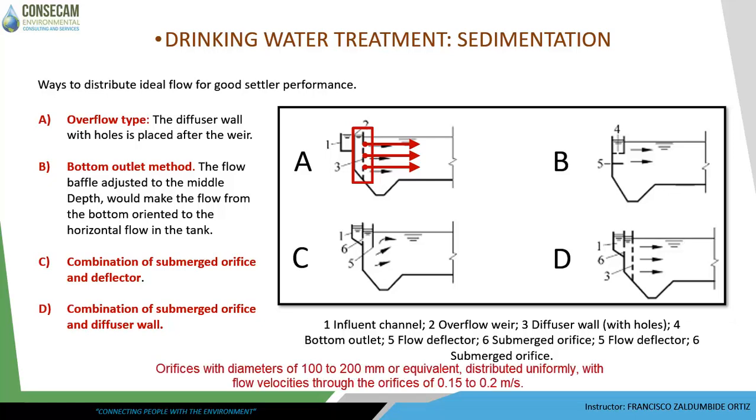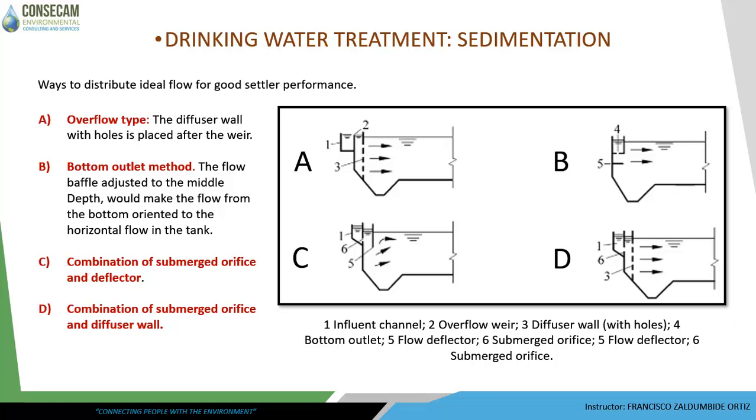The orifices should be 100 to 200 millimeters in diameter or equivalent size and should be evenly distributed on the wall. The flow velocity through the orifices should not exceed 0.15 to 0.2 meters per second.